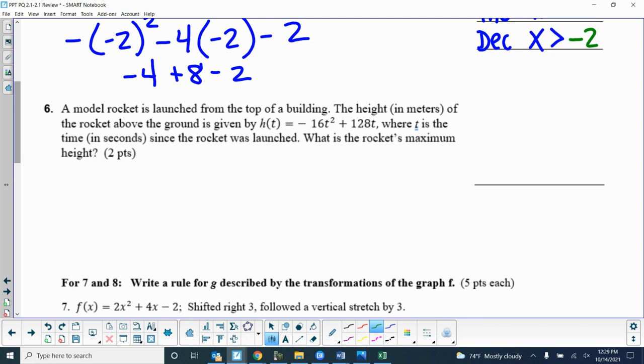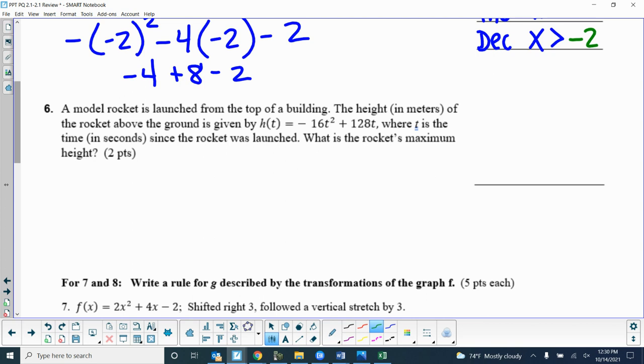All right, so what am I looking for? To find the height of this rocket, I'm looking for the vertex, right? I'm looking for that maximum point, as high as it goes. So that's what I gotta do, find the vertex. So Leighton, what do I gotta do first to find the vertex?